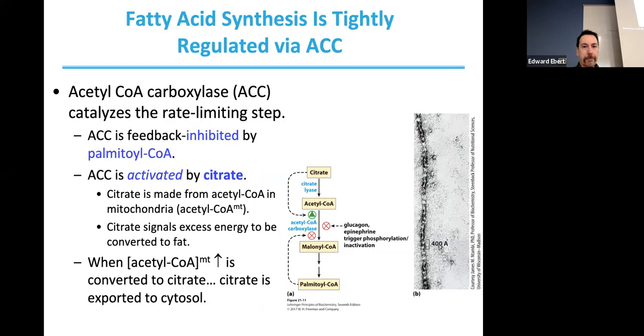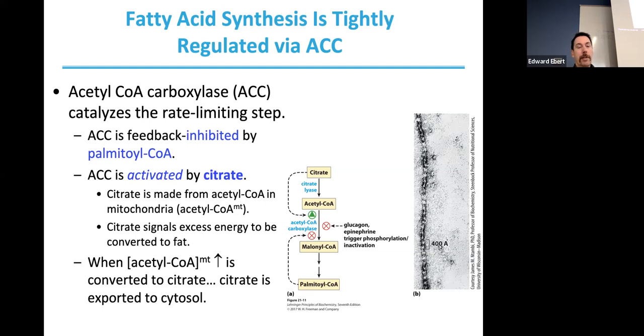All right. Our acetyl-CoA carboxylase is our rate limiting step. Acetyl-CoA carboxylase is inhibited by palmitoyl-CoA. If we make our palmitate, but it's still attached to a coenzyme A, that's our palmitoyl-CoA, this 16 carbon CoA molecule. It will actually bind to our acetyl-CoA carboxylase and feed back and inhibit it.